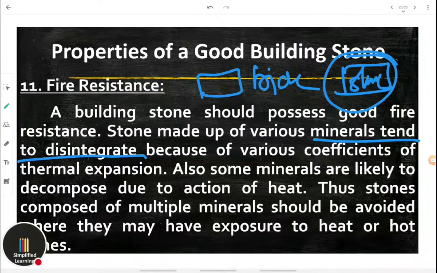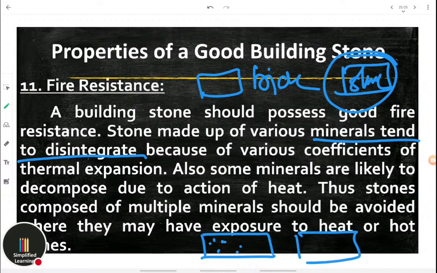Now, what is happening here is, for example, we have a stone which is a metamorphic one, having a number of layers inside it, or a sedimentary stone which has some stratification inside. If the thermal property of the material varies from the thermal property of other material present in the stone, differential expansion is going to take place inside the stone.